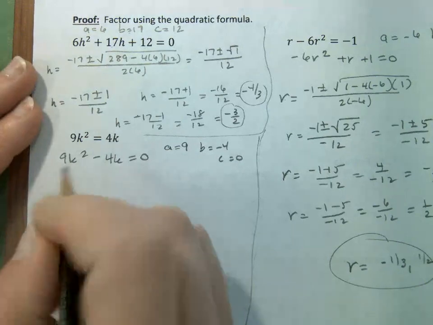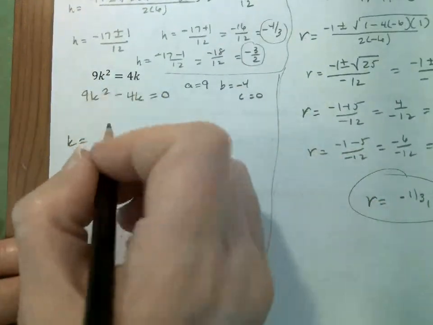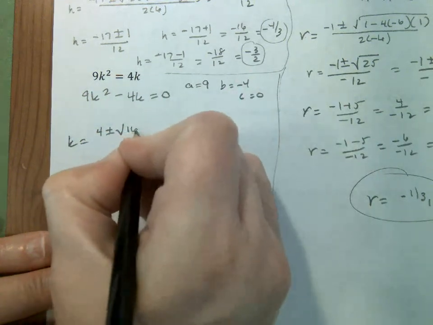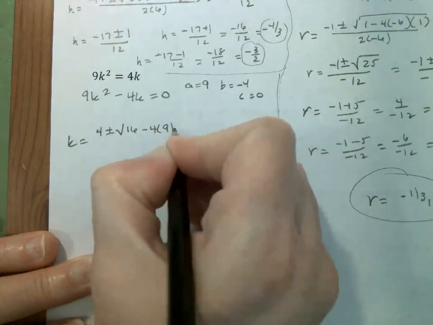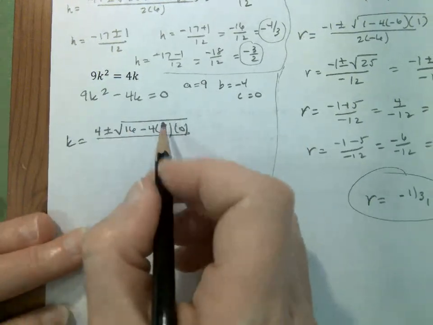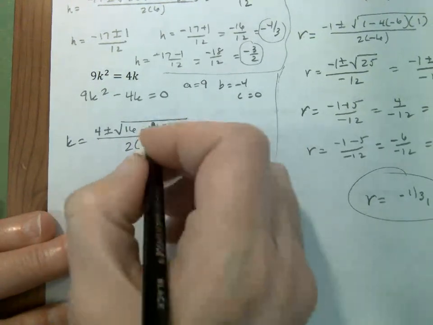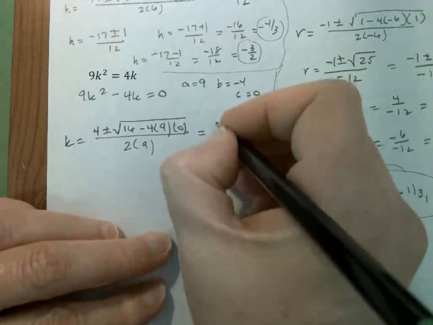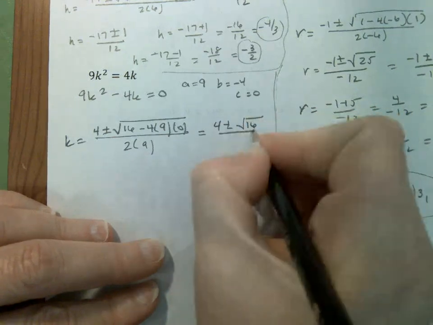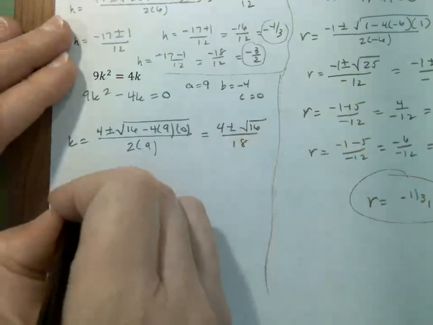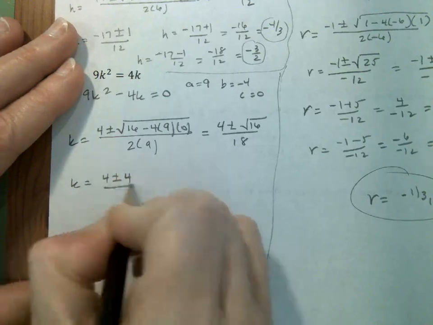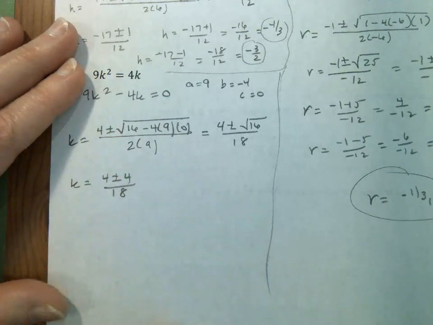So k is equal to negative b, which becomes positive 4, plus or minus the square root of b squared, which is 16, minus 4 times a times c. Remember, c is 0, so this whole thing becomes 0, all over 2 times a. So this is going to give me 4 plus or minus the square root of 16 all over 18, which is 4 plus or minus 4 over 18.